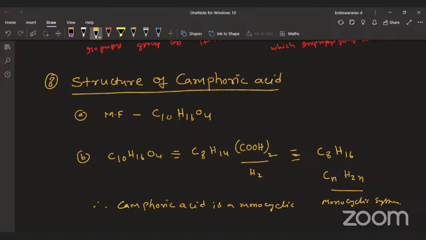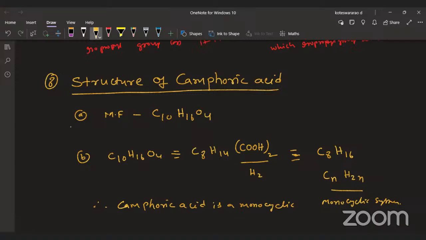In the bicyclic system, one ring is a 6-member ring, and the second ring may be lower than 6-member, a 5-, 4-, or 3-member ring, not more than the 6-member ring.